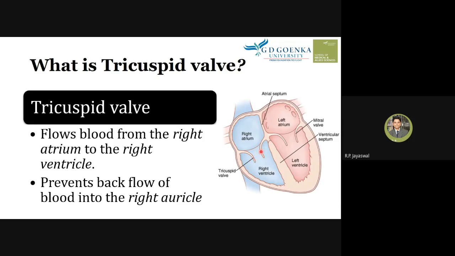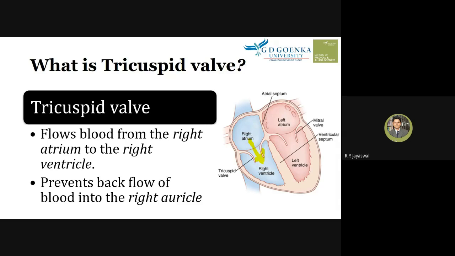This is the valve, the opening or the door we can say, which allows the blood to flow from the right atrium to the right ventricle. This is the direction of the flow of blood, and this is what is regulated by the tricuspid valve.